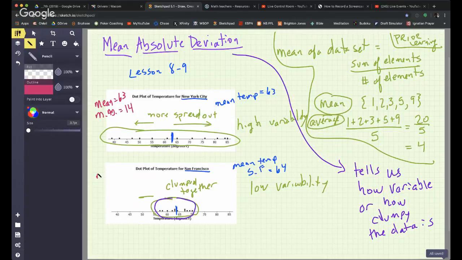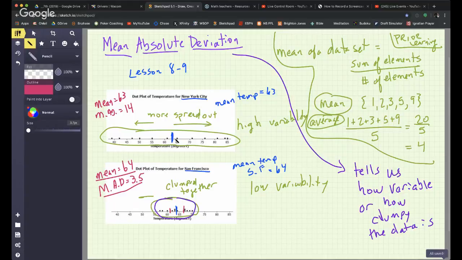Whereas down here, our mean is 64 and our MAD is 3.5. Down here, the average distance from the middle is like 3.5.